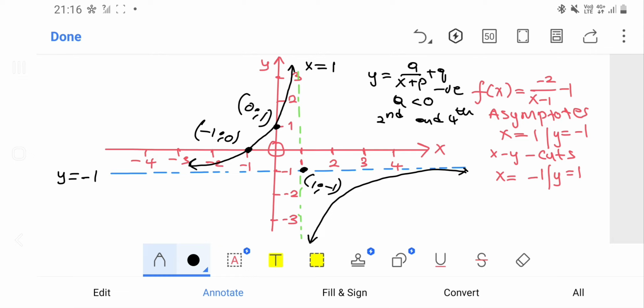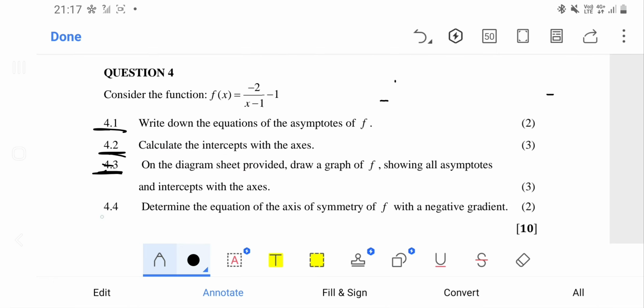Let's move on. Now with 4.1, determine the equation of the axis of symmetry of f with a negative gradient. So we have the equation of the axis of symmetry with a negative gradient and positive gradient. Since we are discussing a hyperbola function, we are going to determine the 2 equations, right?